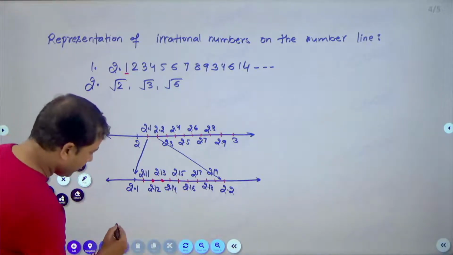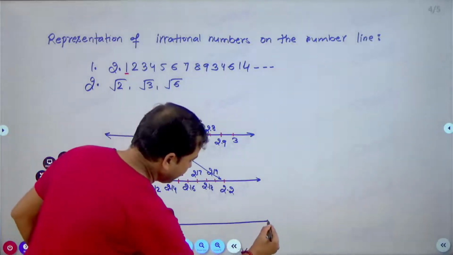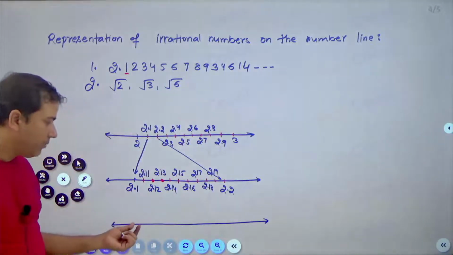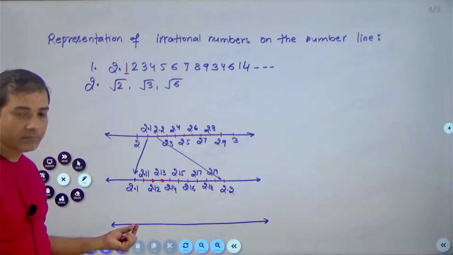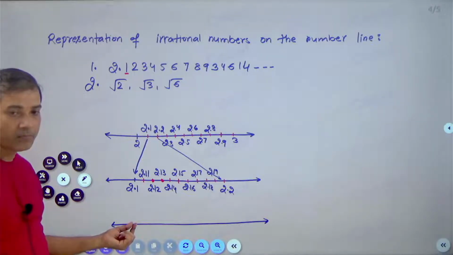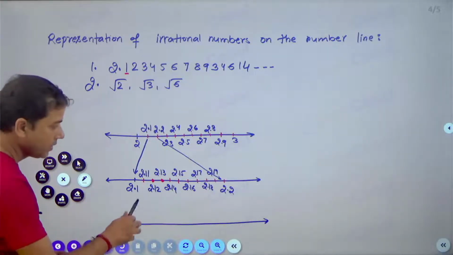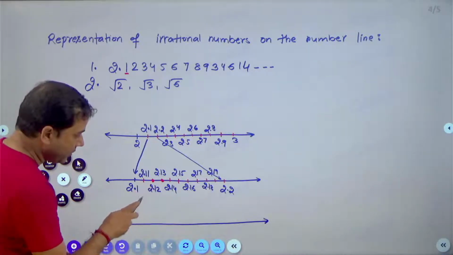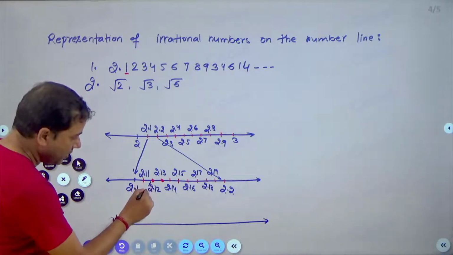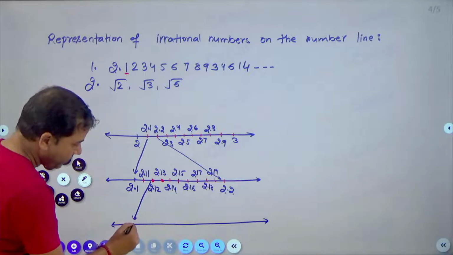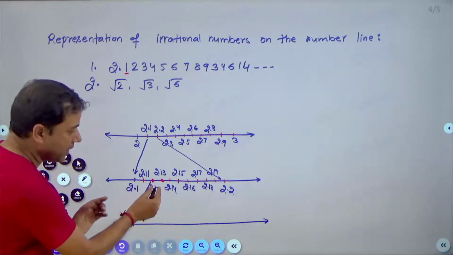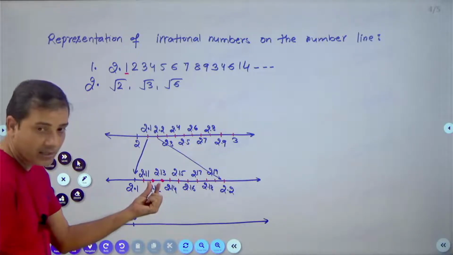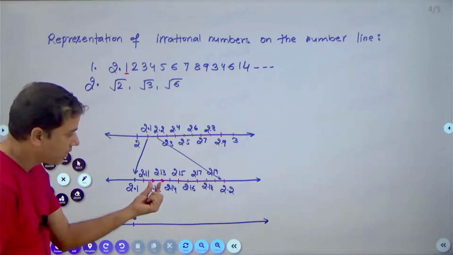I'm taking one more line after this. Can you tell me which number I should take here? Sir, 2.12 and 2.13. Right. So for visualization purposes, I'll draw a line like this. I'm indicating that I'm magnifying this short distance.